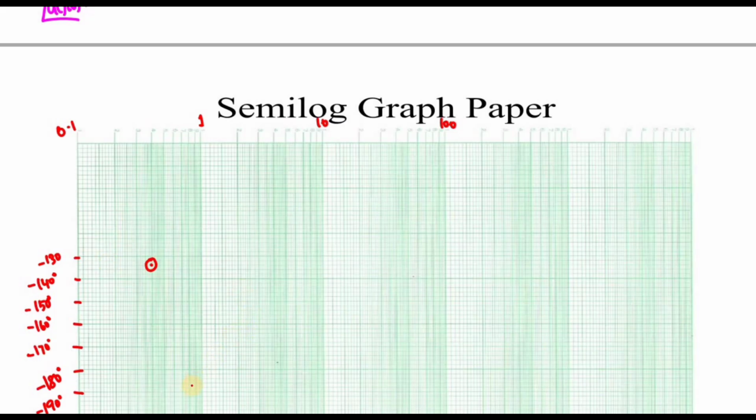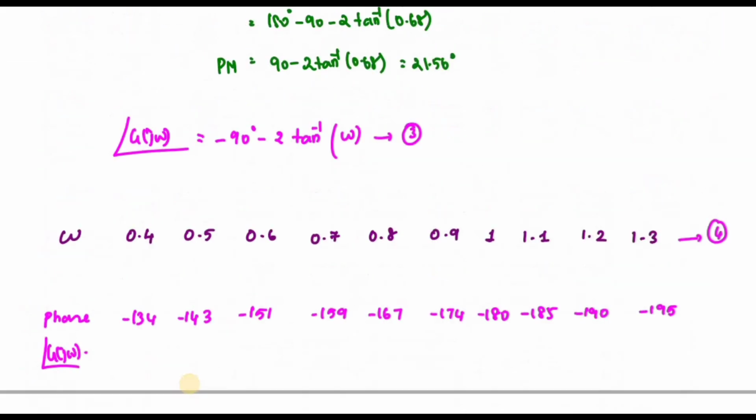In a similar way you can fix 0.5 as 143.